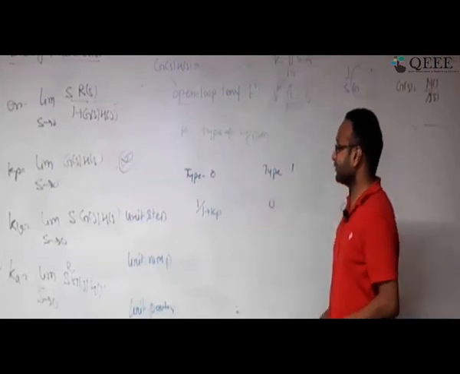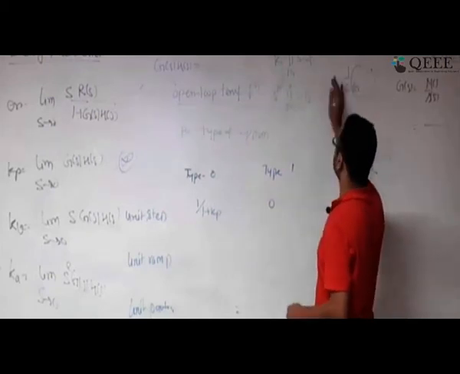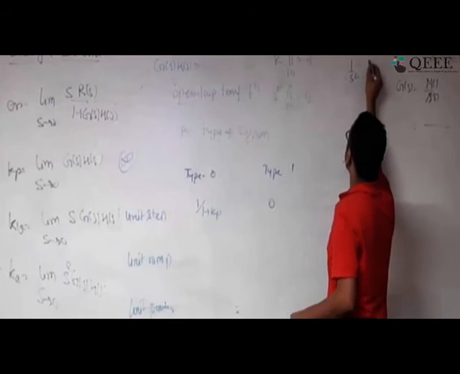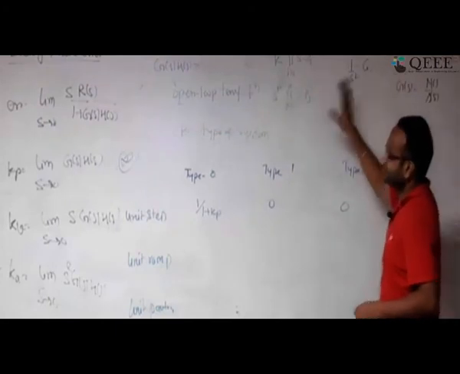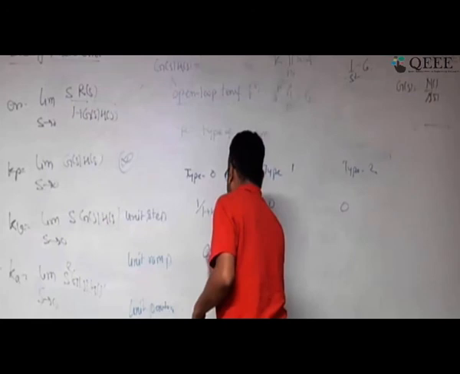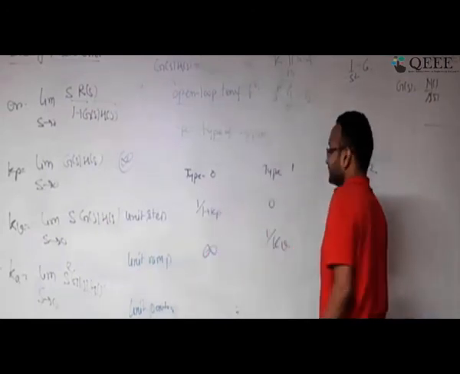Now, consider unit ramp input. For unit ramp input, you have to solve 1 by s square times G of s H of s, the entire thing. Now, look at type 0 system. If you solve it, this quantity is going to be 0 and the error is going to be infinite, and this is going to be 1 by Kv and this is going to be 0.